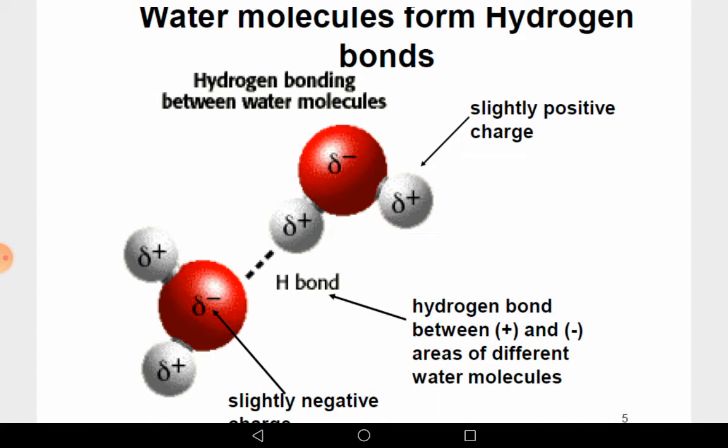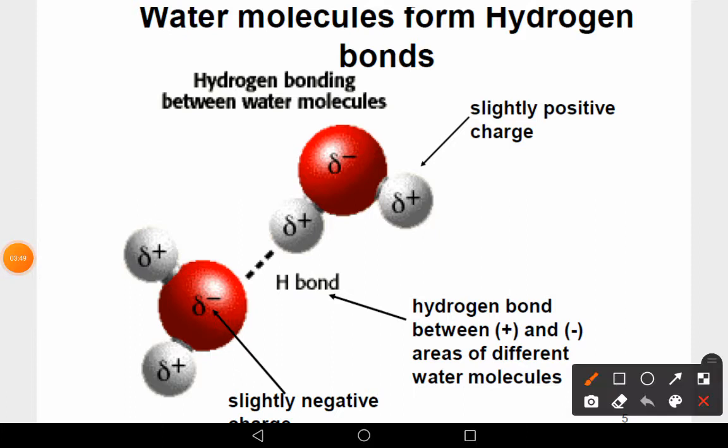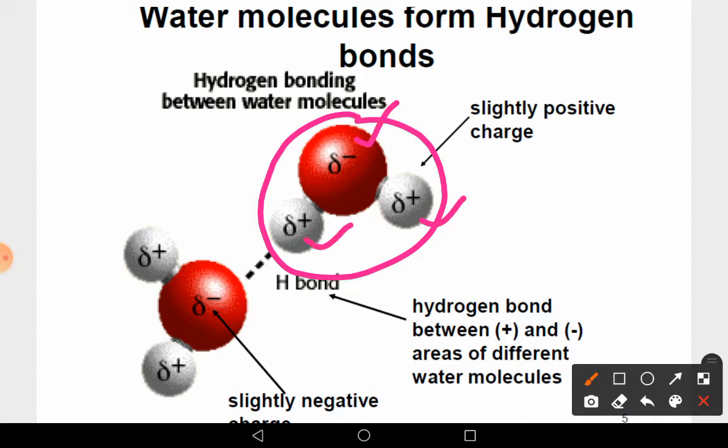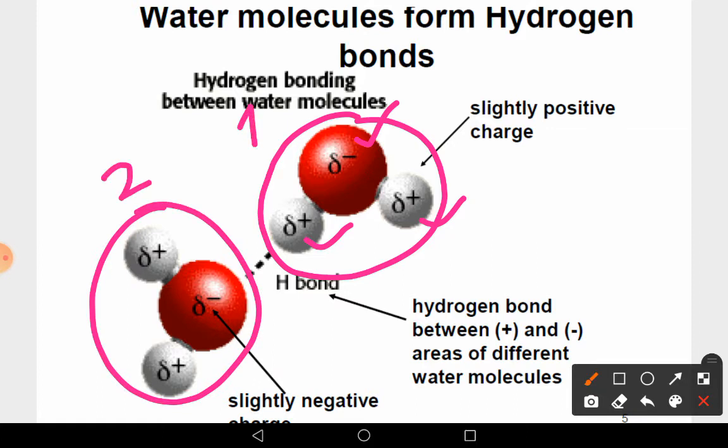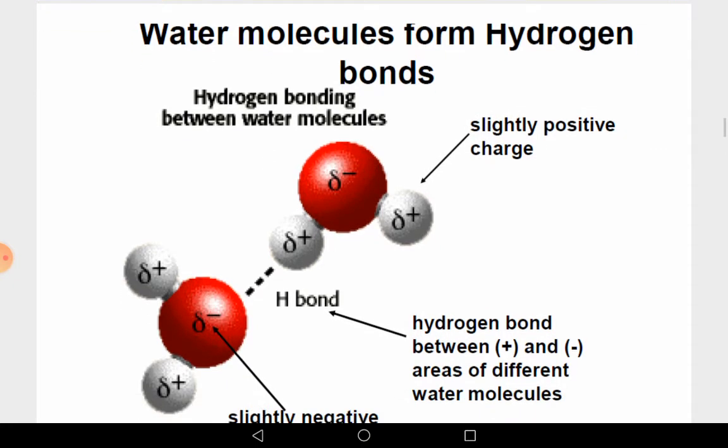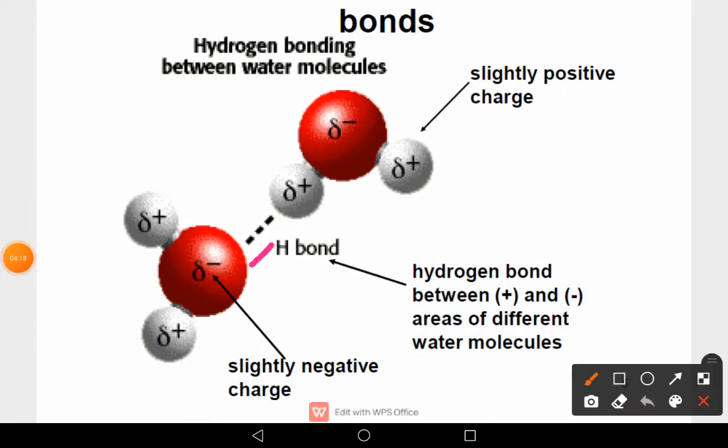Water molecules form hydrogen bonds. This is how a hydrogen bond is formed between water molecules, and these hydrogen bonds are very important. This is one molecule of water. This is one oxygen atom, and these are two hydrogen atoms. This is another molecule of water. This is one, this is two, and you can see there is a formation of hydrogen bond. This dotted line structure is a hydrogen bond that is formed between a delta minus and a delta plus.